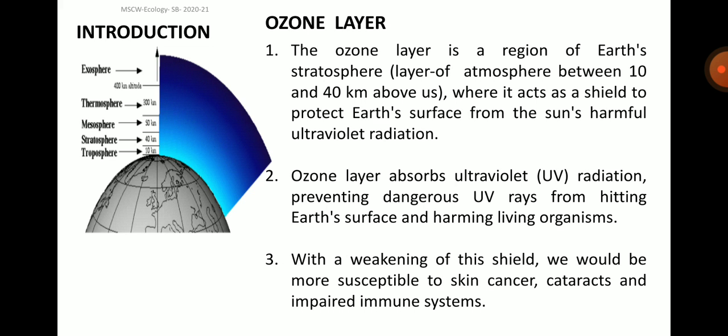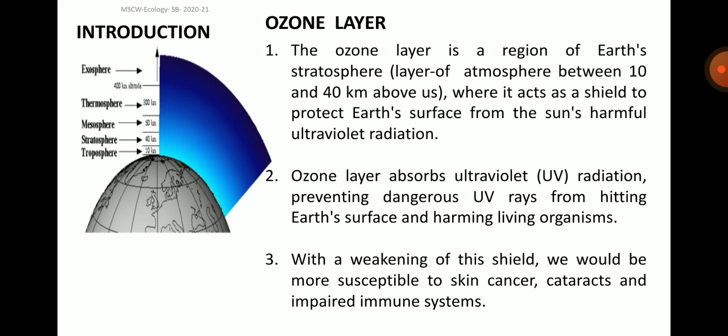So, here you can mention the ozone layer is a region of Earth's stratosphere, which is a layer of atmosphere between 10 and 40 kilometer above us, where it acts as a shield to protect Earth's surface from the sun's harmful UV radiation.